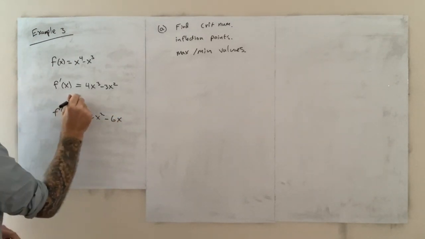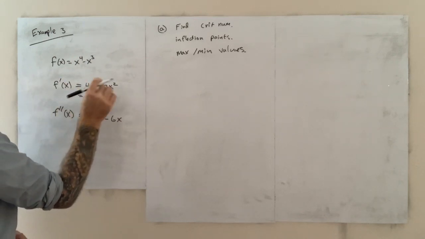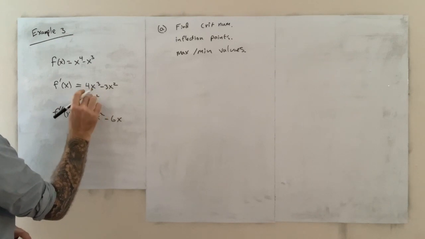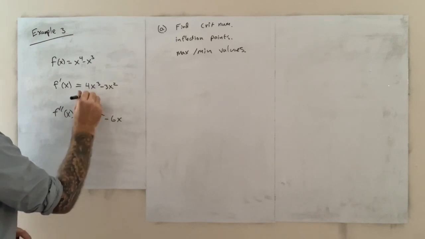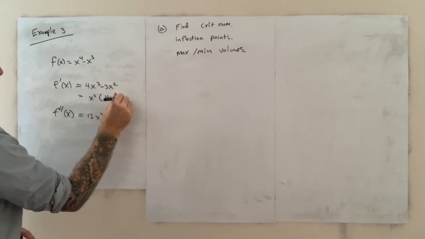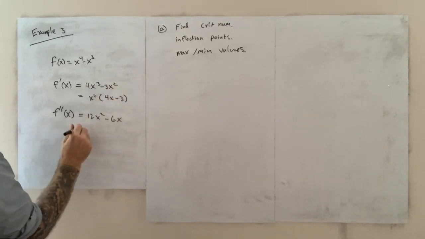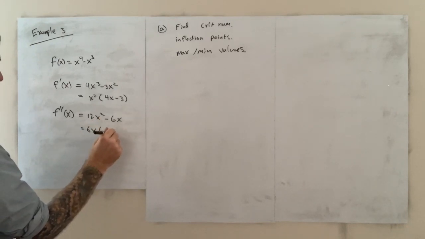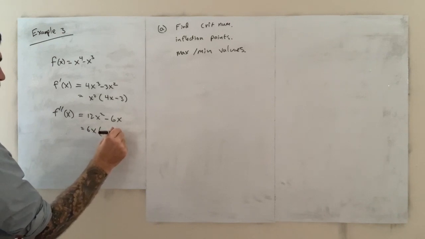And I could actually factor these because that might be helpful. So I'm going to get x squared times 4x minus 3. And if I factor this one, I can pull out a 6: 6x times 2x minus 1.